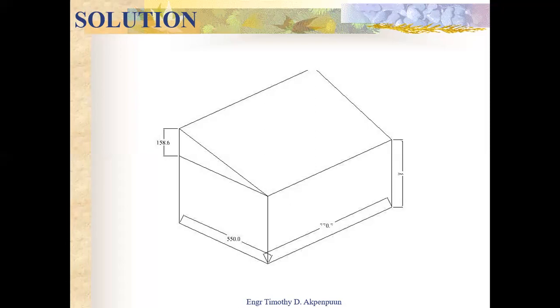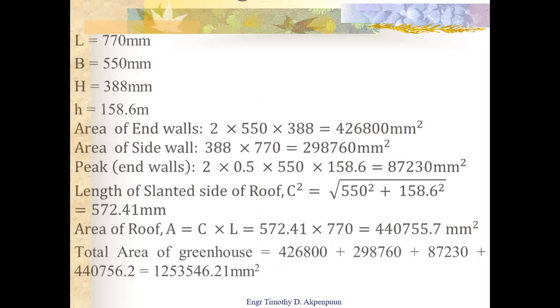The short one is what? 550. So what's the area of this flat surface now? That's 550 times 770. That is 423,500. Plus the former one, 87,615. That's 511,115 millimeter squared. Right?